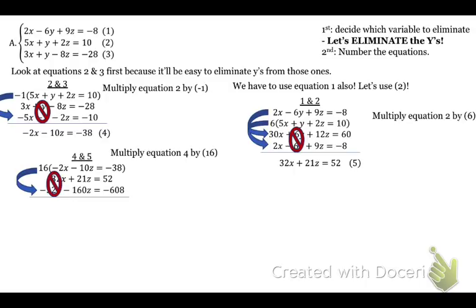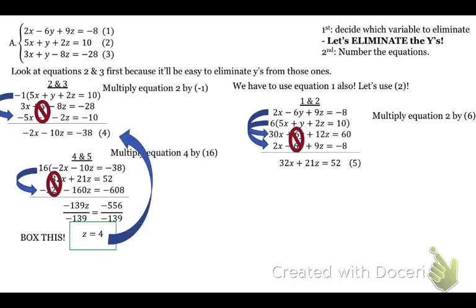Those x's cancel. 21 minus 160 is negative 139. 52 minus 608 is negative 556. Divide by negative 139, and z equals 4. And I'm going to put a box around this, and I need you to do that also. Put a box around that answer.